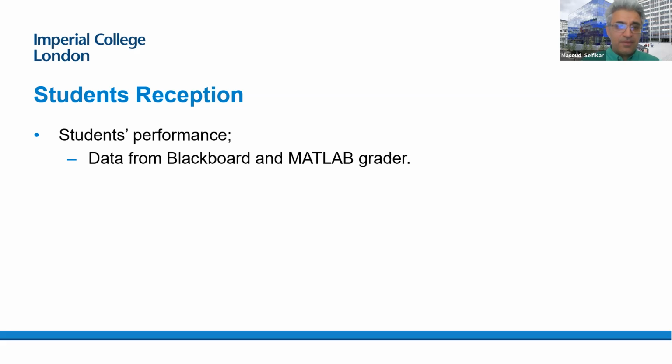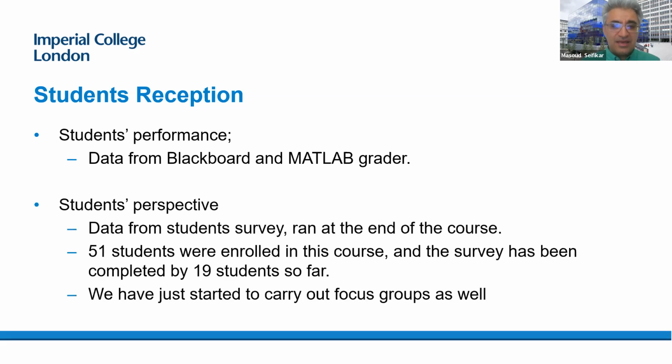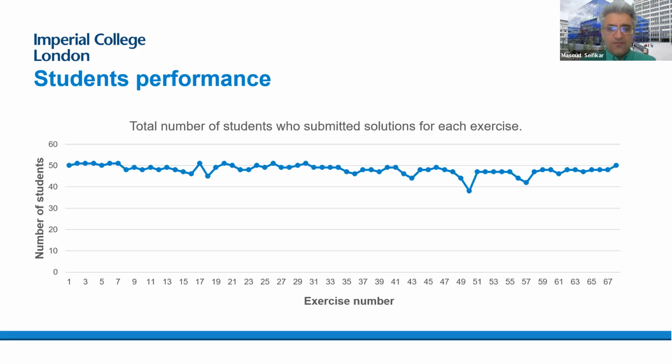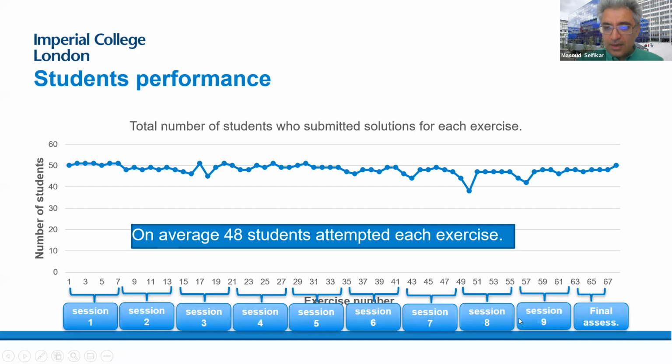First, the data from Blackboard and MATLAB Grader and the survey that we ran, and 90 students up to now submitted a result for this survey. First of all, students did very well in submitting all the questions. I had 67 exercises in total, and on average 48 students attempted each exercise, and that was very valuable.